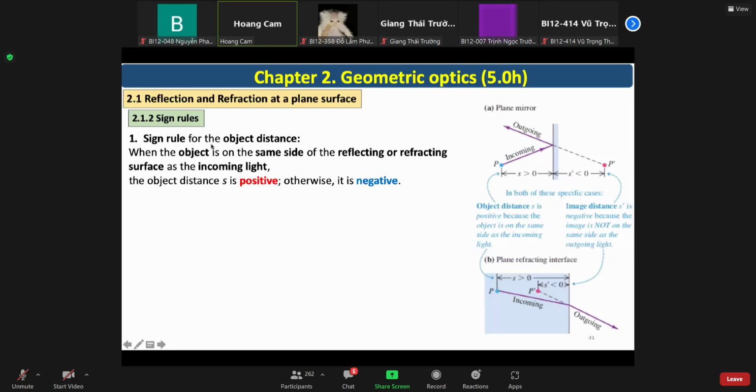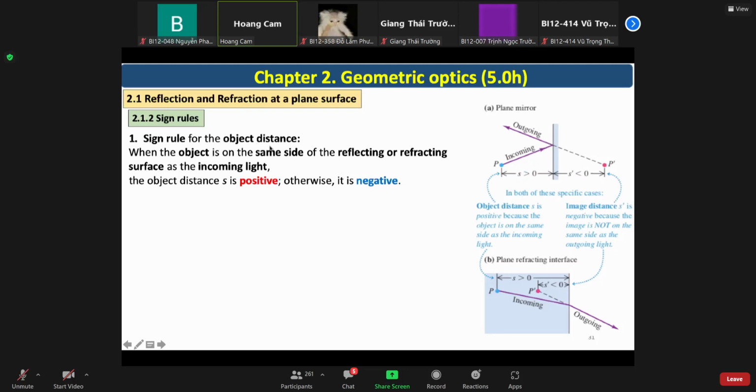So first is the sign rule for the object distance. The values will be determined by the position of the incoming light. Yes, the object, because it generates the incoming light. So why they consider this relationship between the object and the incoming light.